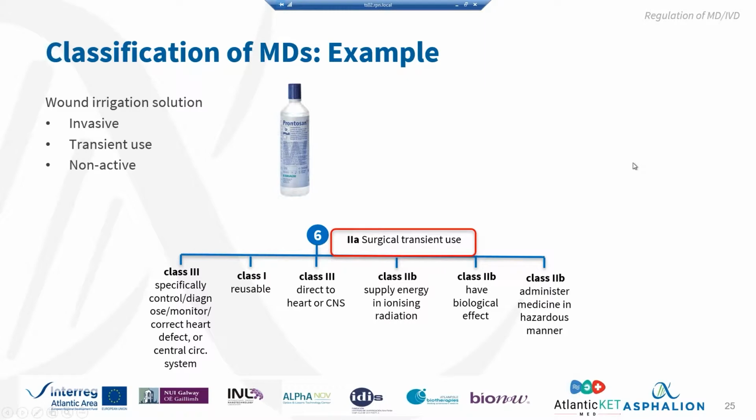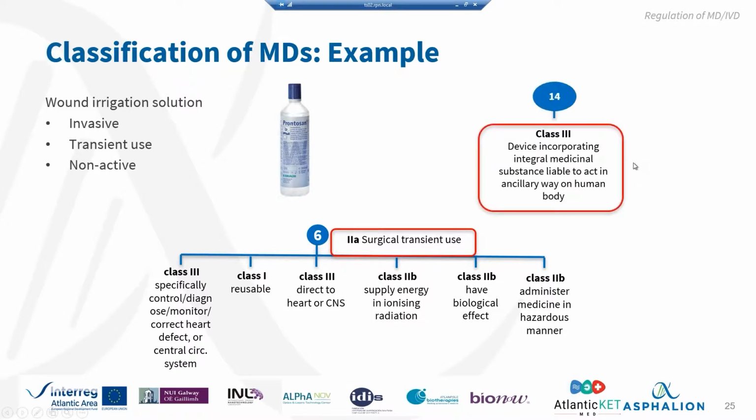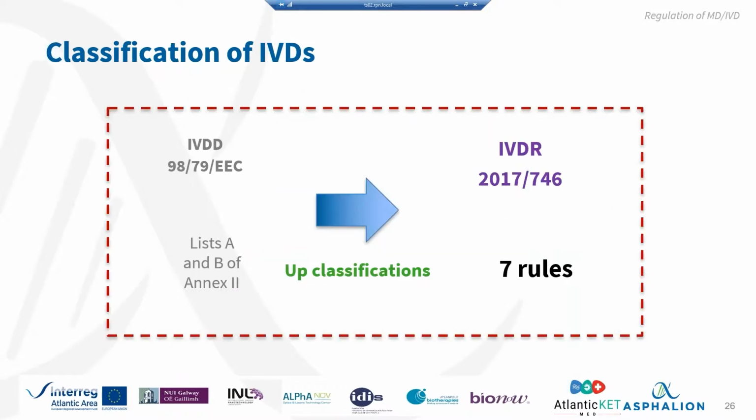But let's imagine that we incorporate a medicinal product that is ancillary to the device. According to Rule 14, this would be up-classified to a class 3 device. So it's quite important to do an exercise of identification of which rules are applicable to your device, and then analyze which one is the higher one, and that's the one that we're going to select.